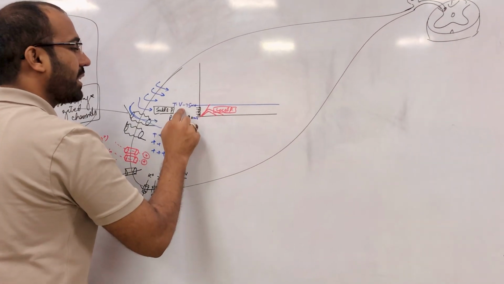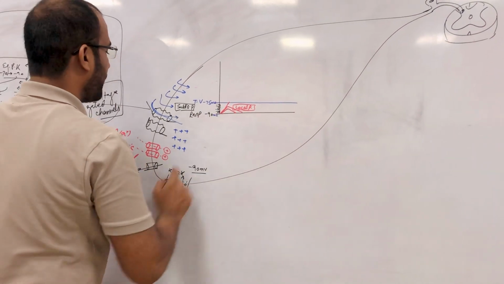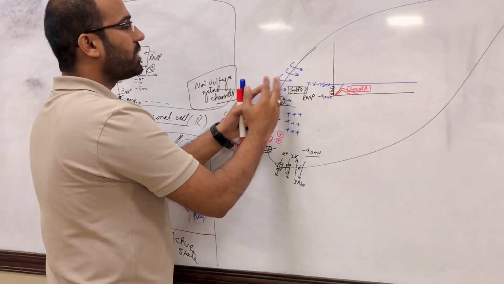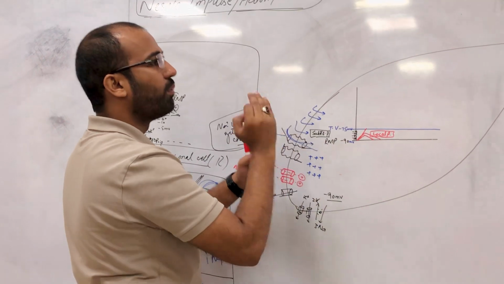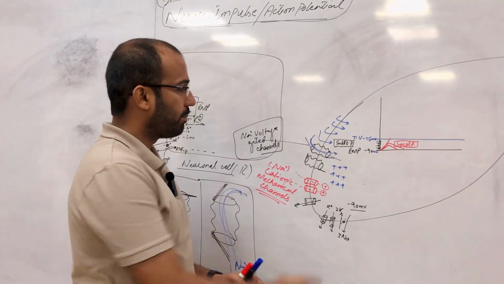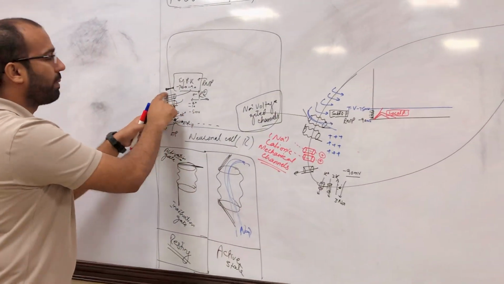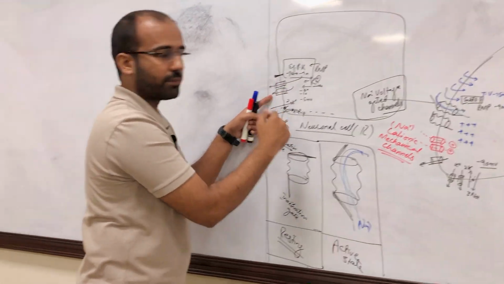If this is accomplished, then at the threshold value, suddenly the sodium channels, or we can say the cell membrane, are fully permeable to sodium, which was previously impermeable because there was no stimulation.